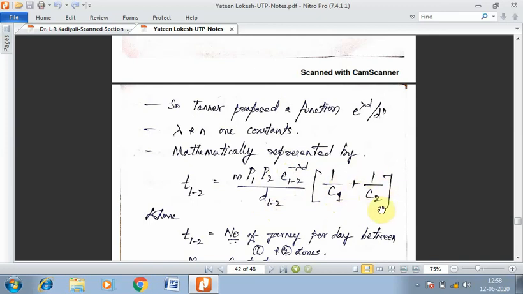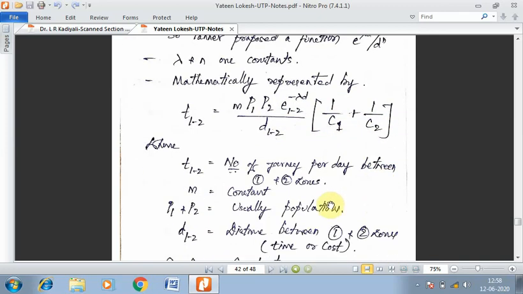Again, this is one single factor. Here T12 is the number of journeys per day between zone 1 and zone 2. M is a constant, and P1 and P2 are usually populations. P1 is the population for zone 1, P2 is the population for zone 2.